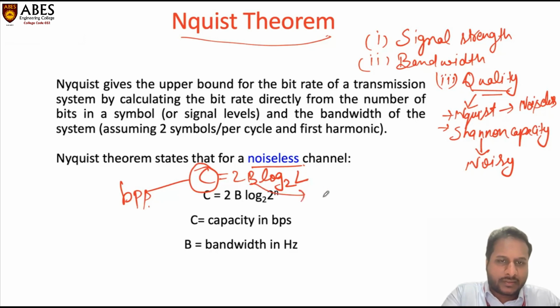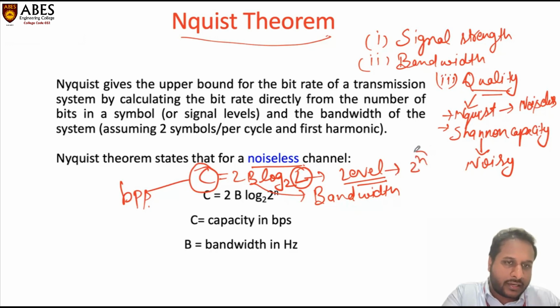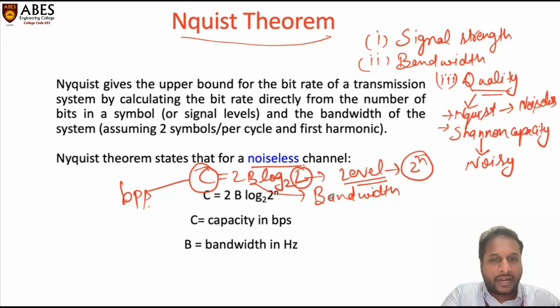B means bandwidth, and L means level of a signal. So level of signal is very important. It can be either written by L, or as we have discussed before, it can be written by 2 to the power n. Both are same. So bandwidth should be in hertz, or we consider bandwidth in hertz only.